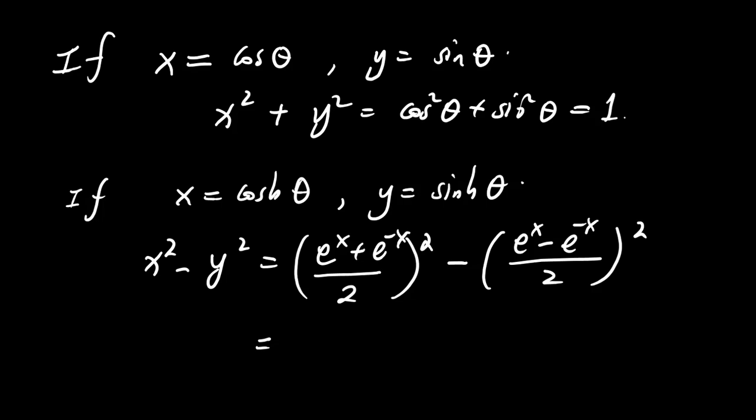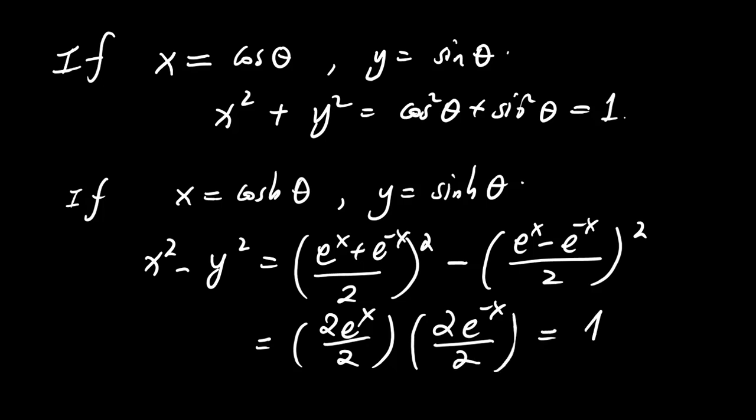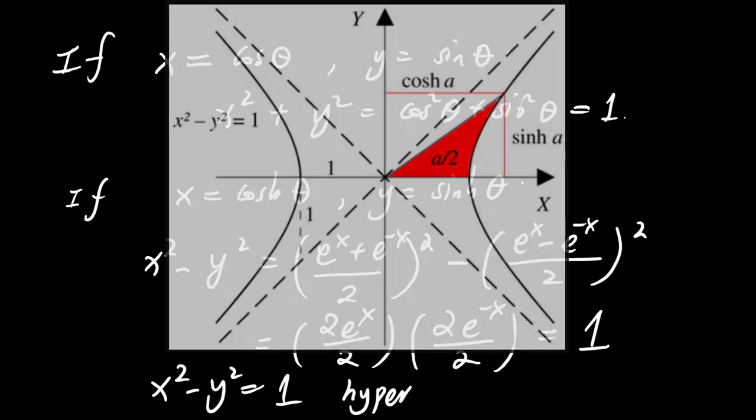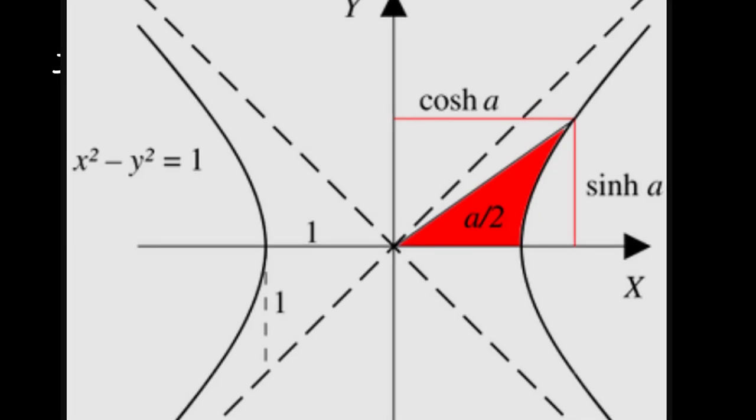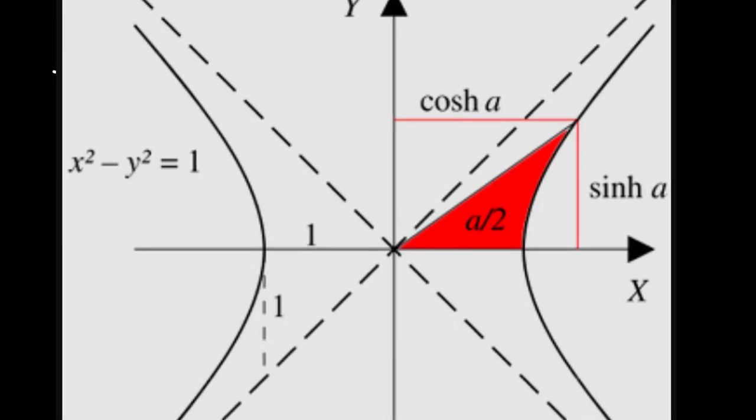So a plus b will be 2e^x over 2, and a minus b is 2e^(-x) over 2, which equals 1. The function x squared minus y squared equals 1 is actually a hyperbola. That's why they are called hyperbolic sine and hyperbolic cosine.